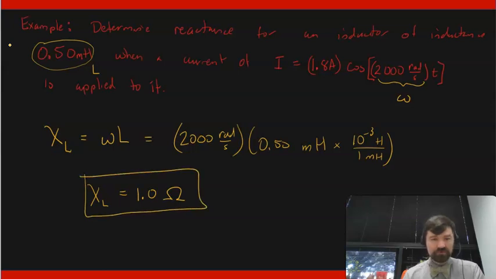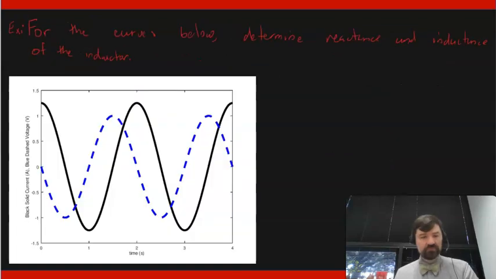So very straightforward there. Let's do another example. All right, for our second example, you have a set of curves. It's the same set that I showed before, but let's go ahead and get the reactance and the inductance. To get the reactance, we basically need to know what the peak value is for the current and what the peak value is for the voltage.